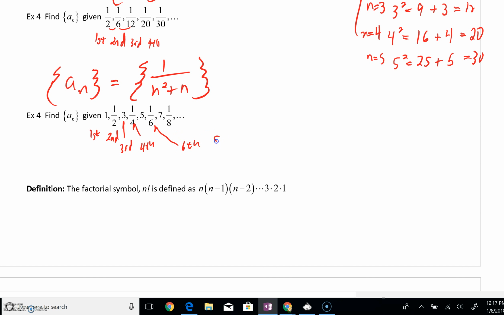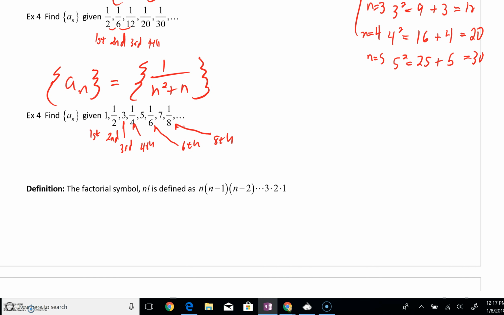And it doesn't take too long for students to realize in this very strange pattern that even numbered terms are really having a reciprocal of that numbered term. So if I went out to the 10th term, I would expect to see 1 over 10, whereas the odd terms are just that odd numbered term itself.